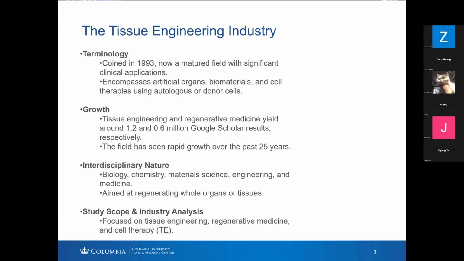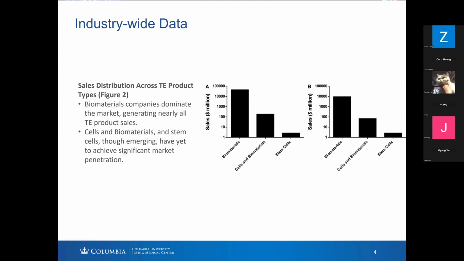To get started with some industry-wide data, the sales distribution across tissue engineering product types have been segmented into three main segments. Companies that use a predominantly one material, including proteins and growth factors for tissue engineering applications, were classified as a biomaterials company.